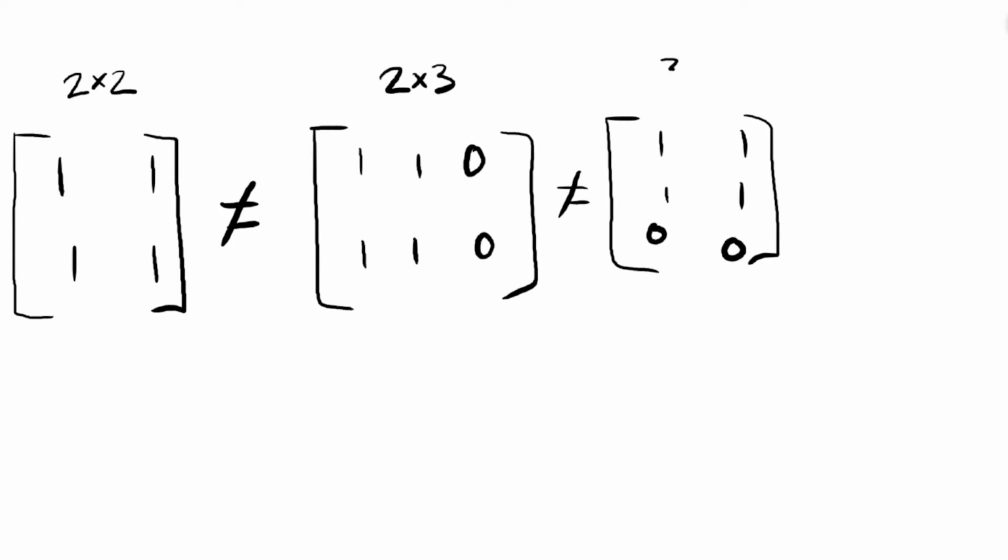It would still not be the same. This is a 3 by 2. It wouldn't be the same as this either. They are not equal. For it to be equal, it needs to be the same. So the only one that is equal to this would be 1, 1, 1, 1.